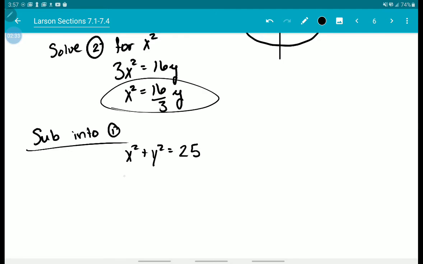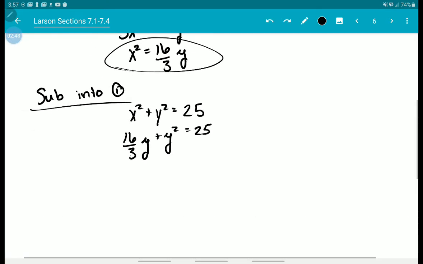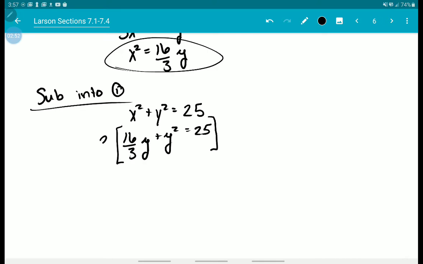Our x squared is 16 over 3 times y. So we're making that substitution for that x squared. And now let's get rid of fractions by multiplying both sides of this equation by that least common denominator of 3. Don't forget, you have to multiply each term by 3. So we have that.